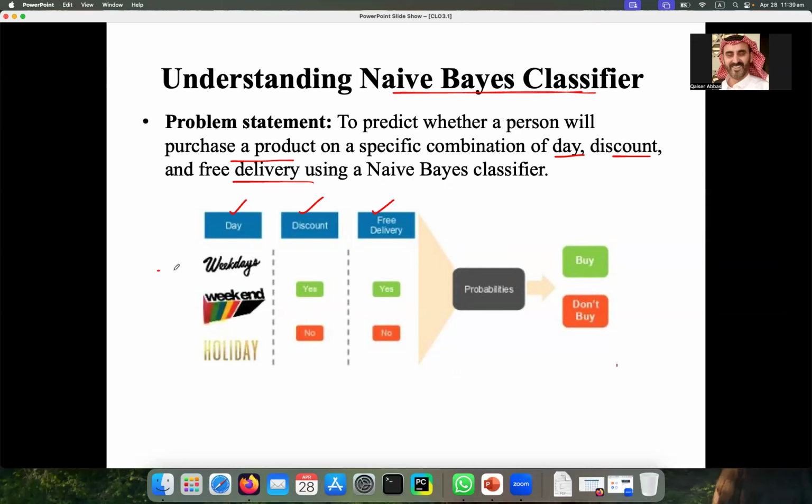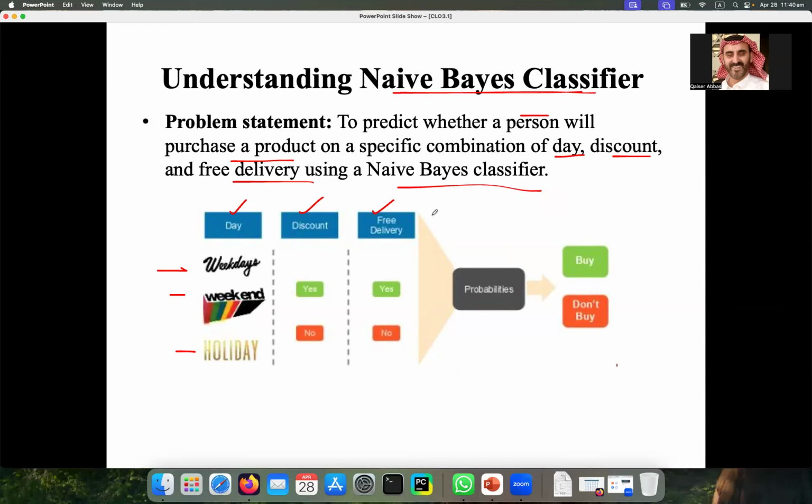Day has weekday, weekend, and holiday, 3 values. Discount is yes or no. Free delivery is yes or no. Based on this data, we have to predict whether the person will buy a product on some combination of day, discount, or free delivery, using the naive Bayes classifier.